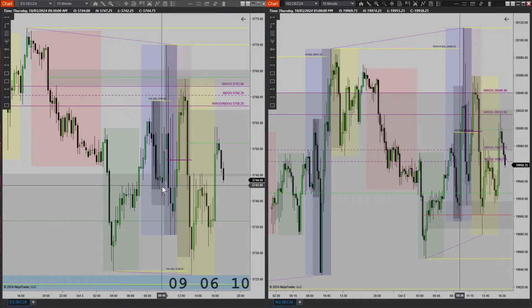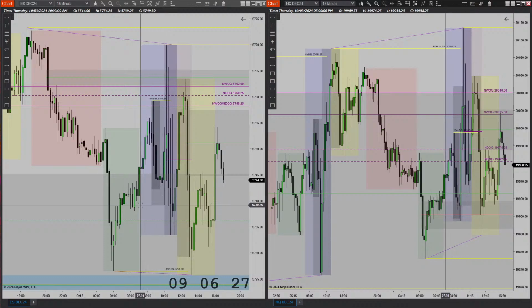I did try to catch a long here, and I actually did, but I took the stop. The dumb thing was, as soon as price started having some movement up, I changed my stop to I think this low here or this low here, and I got stopped with this low. My original stop should have been left here, because obviously once we swept this high here, we drew into this imbalance.